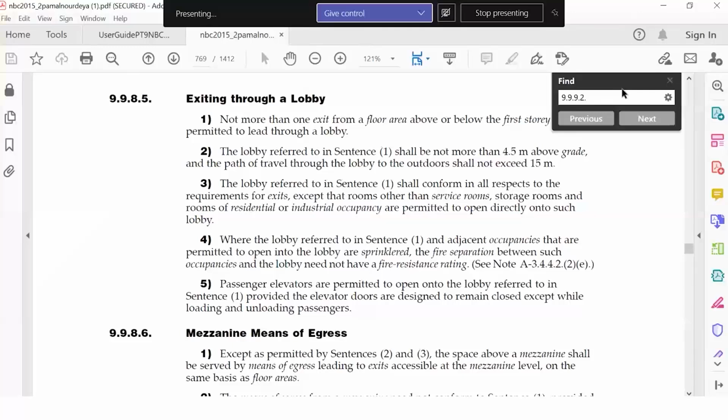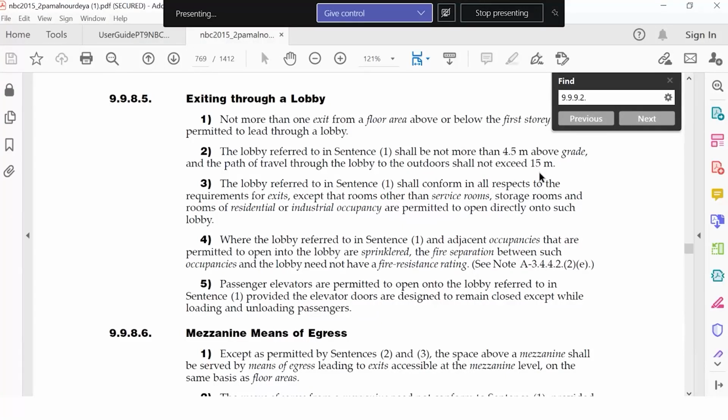Remember, not more than one exit from one floor area above or below the first story is permitted to lead through a lobby. The lobby has certain provisions, and the path of travel through a lobby to the outdoors, meaning to the exterior, shall not exceed 15 meters.